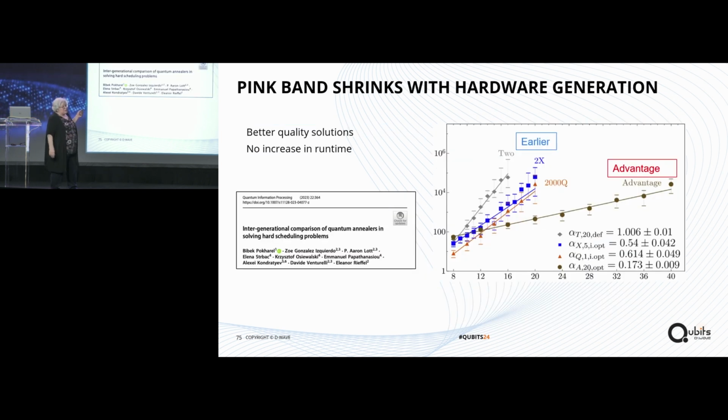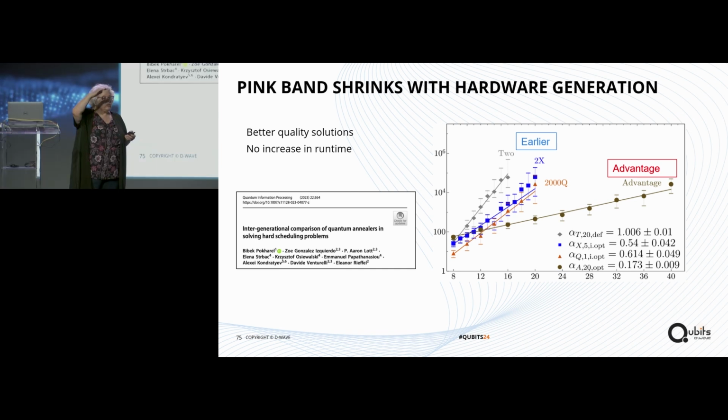So here we go. And we know with all of these different generations that every time a new generation of processor comes out, the quantum annealer gets better in terms of lower noise and higher energy scale, and it's giving you quantum solutions that are closer to ground state than they were before.